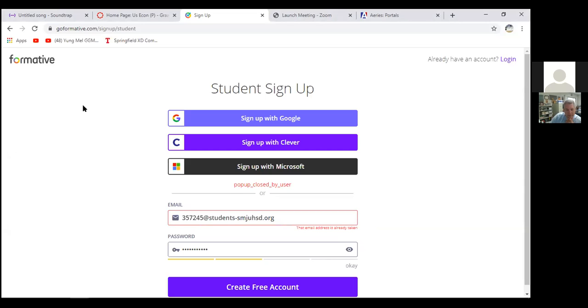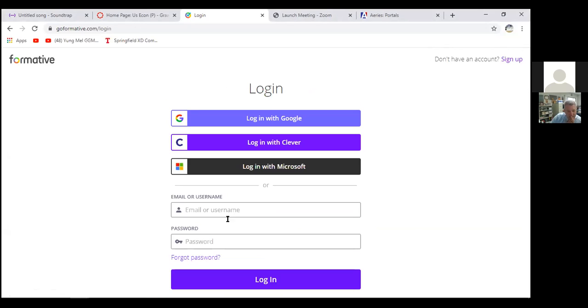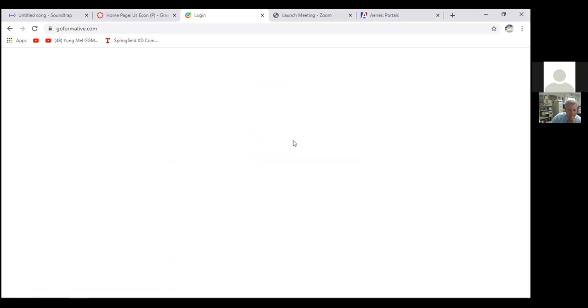Okay, so if it says I already have an account, go to log in the upper right. Go to log in. There you go. Click on log in with Microsoft in that black bar. This is not my school computer, so it's going to log in with my personal stuff. It should give you a choice. Go ahead and still click on that. It signed in with my personal information.